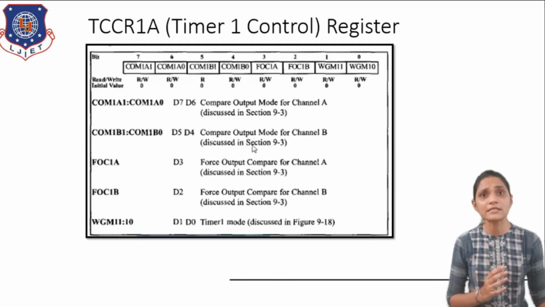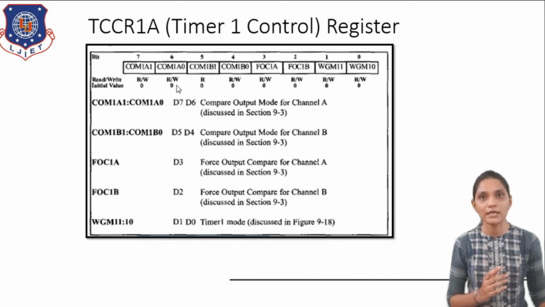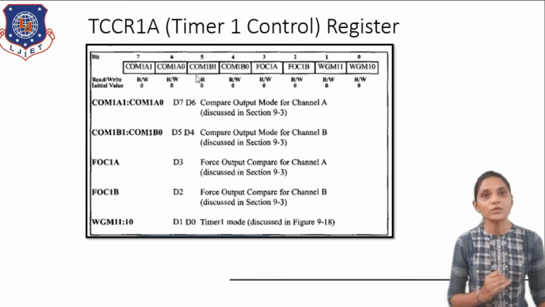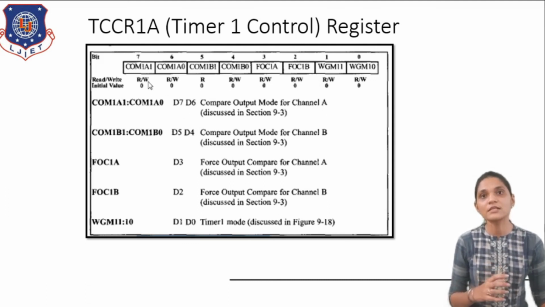Now let us see the control register TCCR1A for this timer 1. Here you have an 8-bit control register in which you have to select the compare mode for the channel. D7 and D6 are for the compare output mode for channel A, whether the output is compared and equal or not.